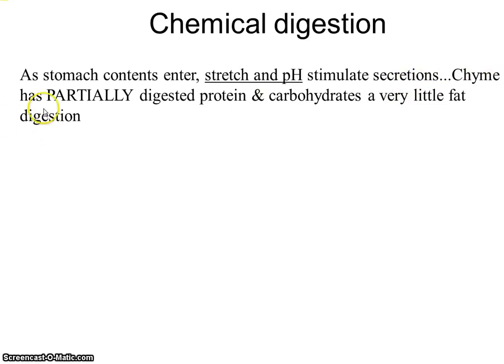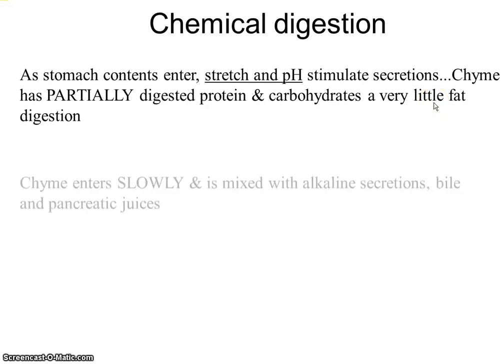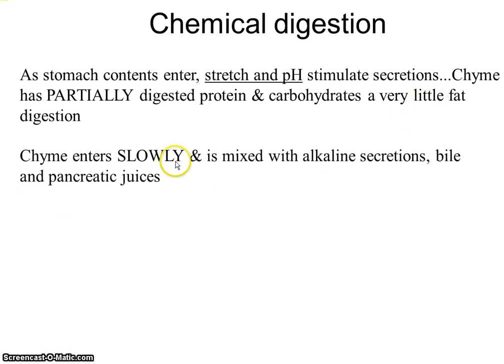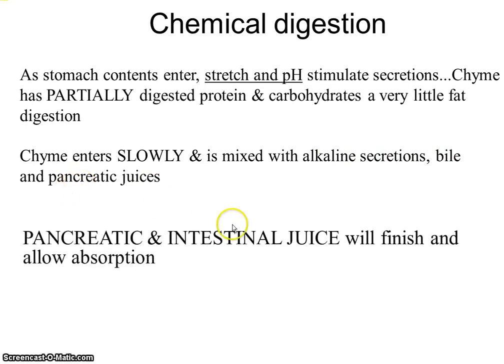The chyme at this point has partially digested protein, carbohydrates, and very little fat digestion. So we have a lot of bond breaking to do, right? Chyme enters slowly because of the enterogastric reflex, and it's mixed with these alkaline secretions from the pancreas, and with the bile from the liver, and then these other pancreatic juices, right?